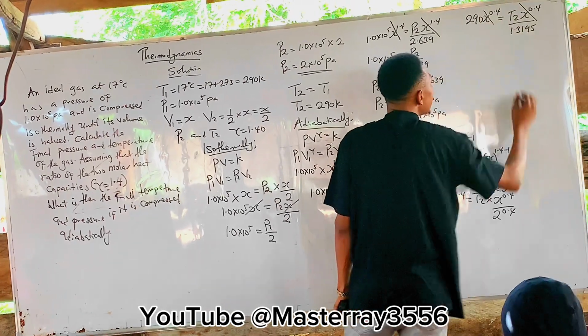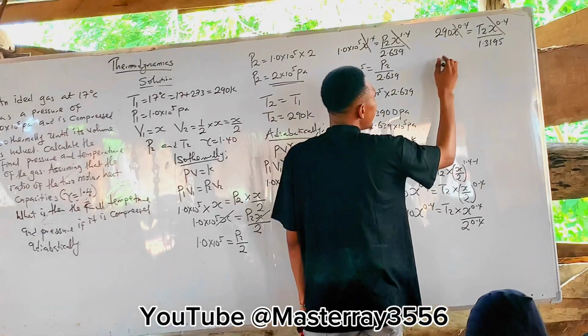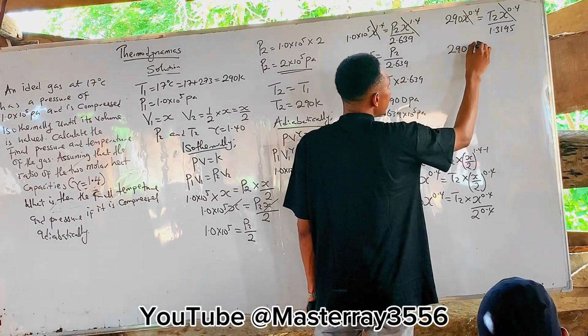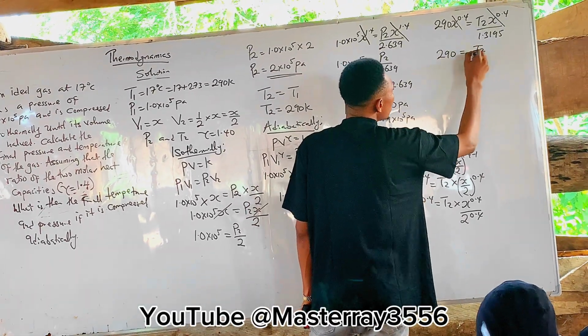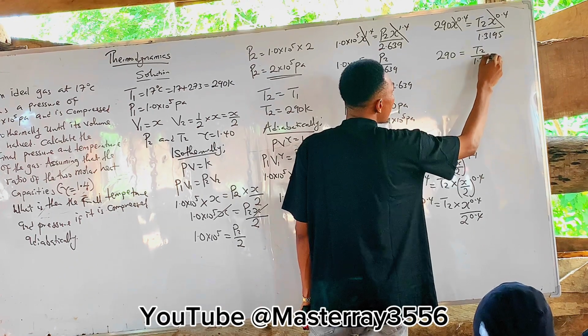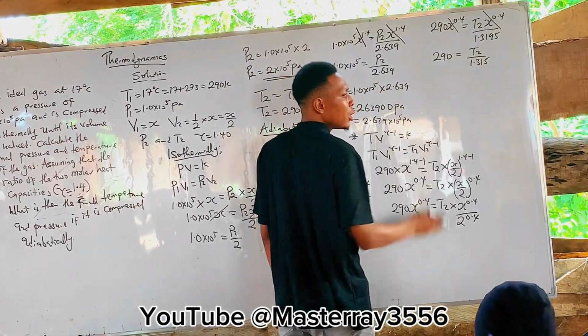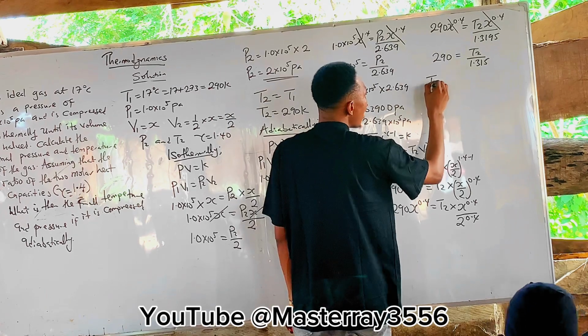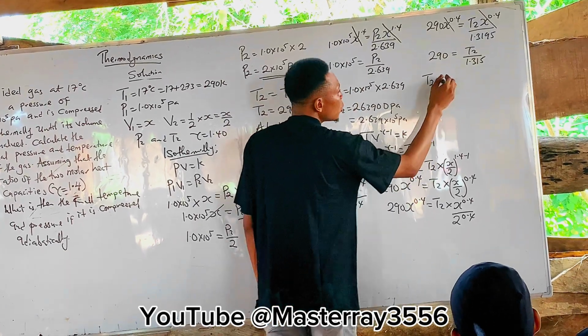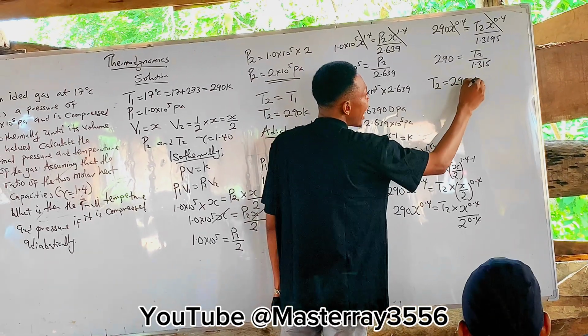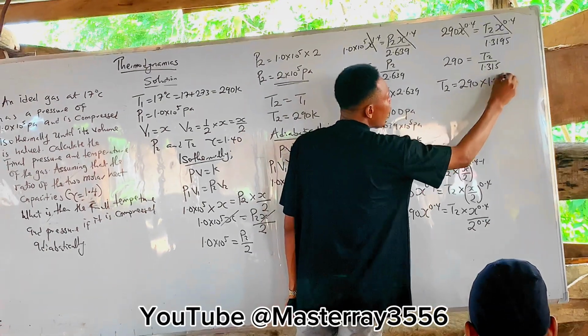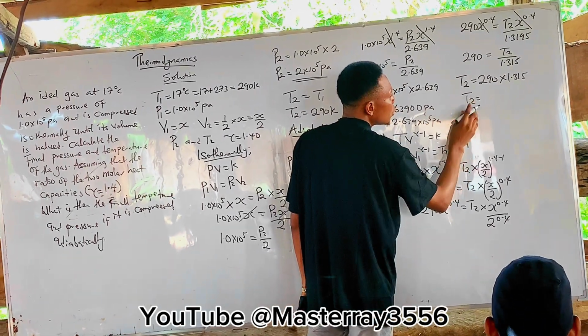This can cancel out this, right? So what's left here? 290 equals T2 over 1.315. So what do you do there? Cross multiply. So we have T2 equals 290 times 1.315.